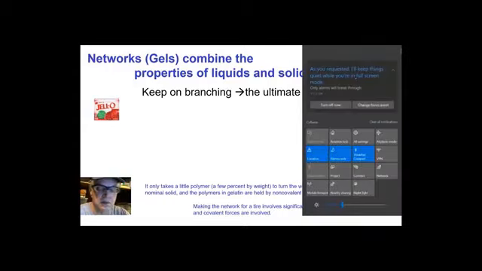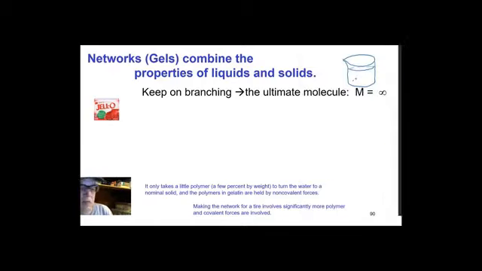Okay, but it's growing. And let's say that it branches. Let's let it branch. And keep branching. Even the branches branch. Many times.